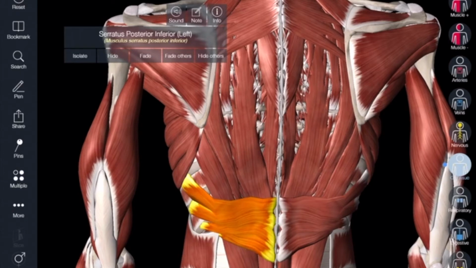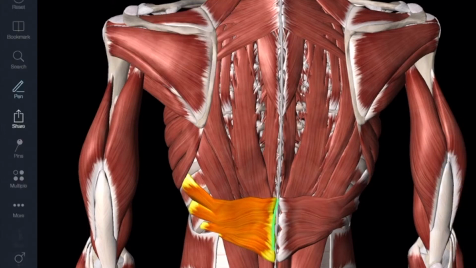Serratus posterior inferior attaches to the spinous processes of thoracic vertebrae 11 and 12, and lumbar vertebrae 1 and 2, so right in through here. And then it attaches to the lower 4 ribs, so 9, 10, 11, and 12. We see that here.